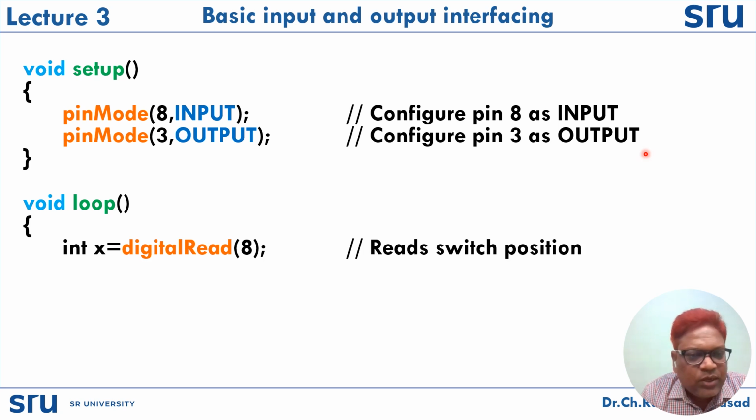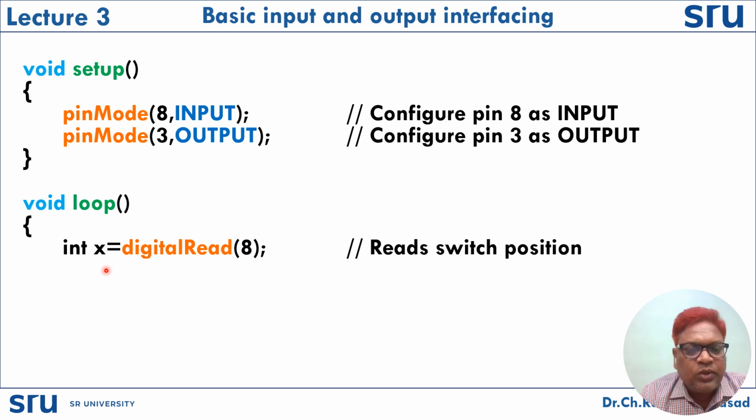For the syntax of the digitalRead function, here you use a data type for what you are reading from the digital input, and this is a variable which stores the information from the 8th pin. digitalRead is a function which reads the information and stores it within a variable called x.